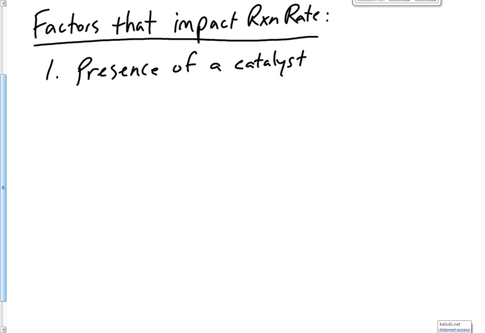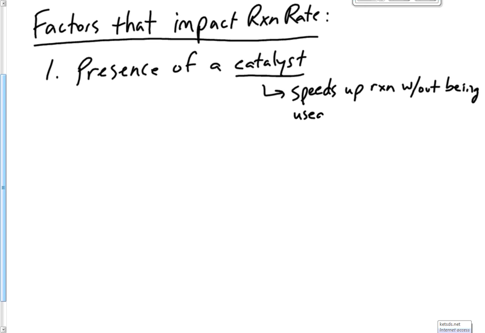Okay, so a catalyst is anything that speeds up the reaction without being used up by the reaction. So in our example a few videos ago, okay, we wrote our catalyst right above the arrow.